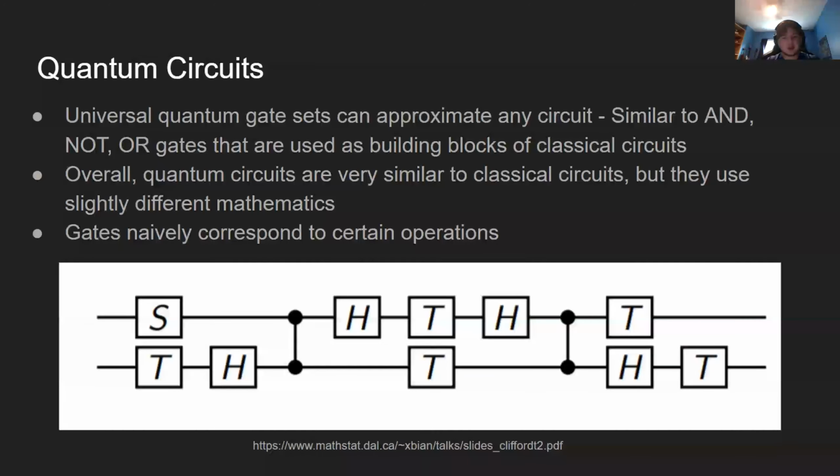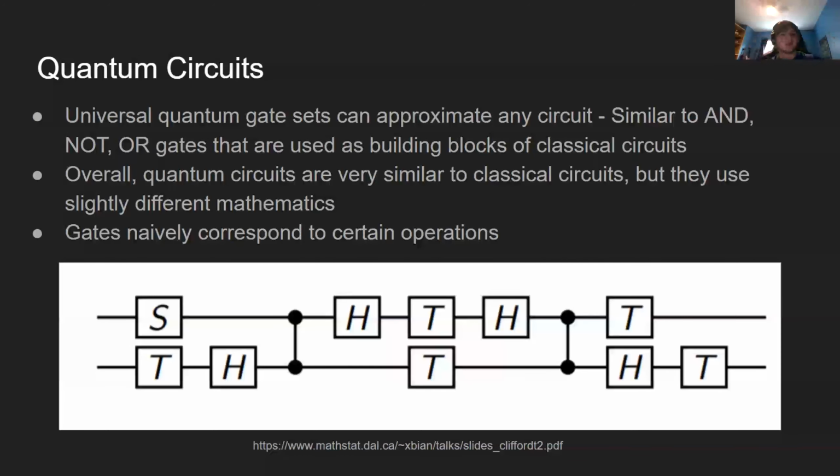The gates we're using are in specific sets called universal gate sets. Any general unitary, so a rotation on the space of multiple qubits, can be approximated arbitrarily well by a universal gate set. It's a little different from classical because you can't outright generate any operation, but you can approximate it. And so that's one of the few small nuances between a classical circuit and a quantum circuit.